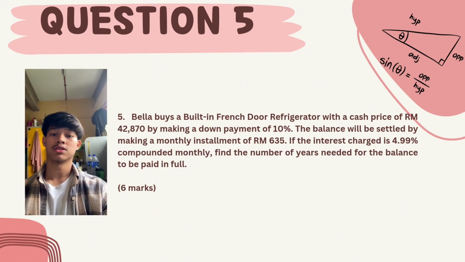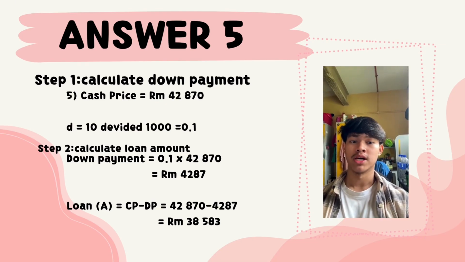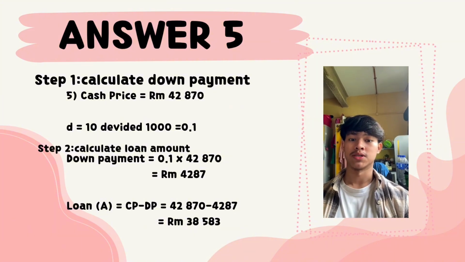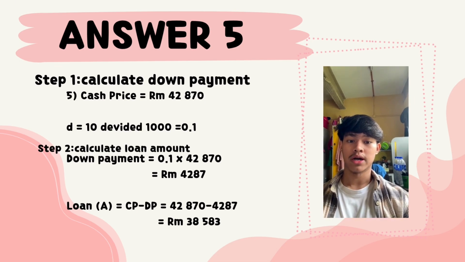So for the answer, let's see the next slide. For answer 5, we are given the cash price of 42,870 ringgit. We are also told that the down payment rate is 10%. To get the rate in decimal form, we divide 10 by 100, which gives us 0.1. Next, we need to calculate the down payment. 0.1 multiplied by 42,870 ringgit equals 4,287 ringgit.